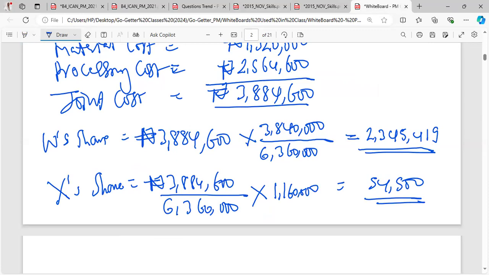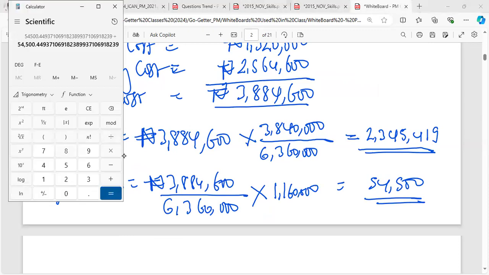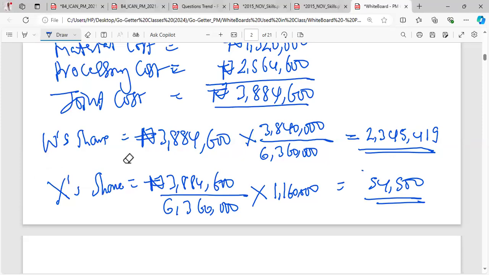Let me undo what I have done before. If I divide by 89,230 and multiply by 1,160,000, that will give us 708,512.